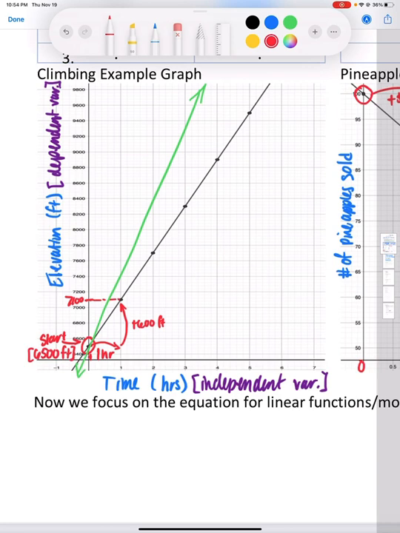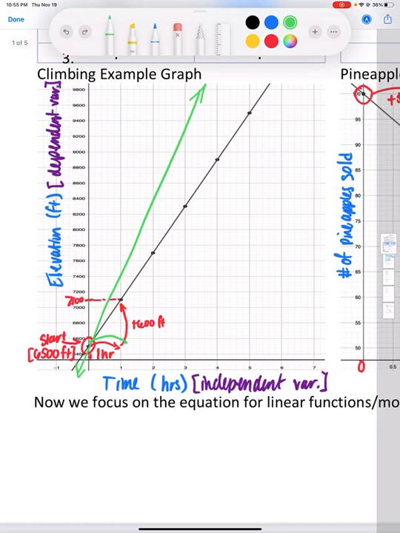But after 1 hour, we are actually up this high. After 1 hour, we're actually up this high.